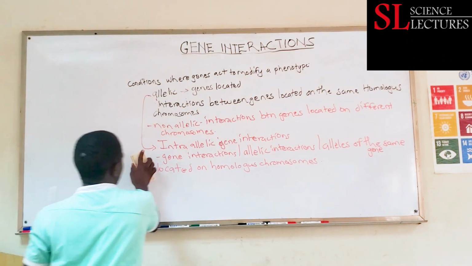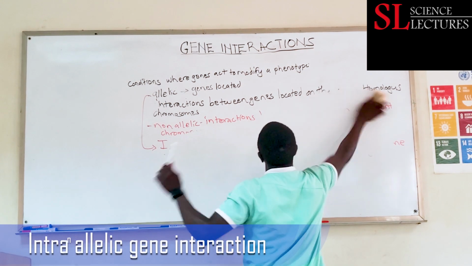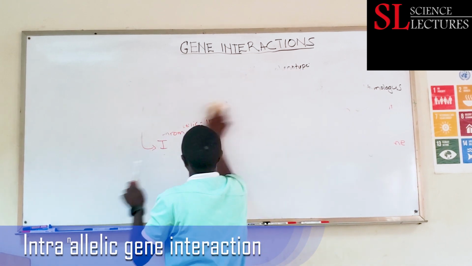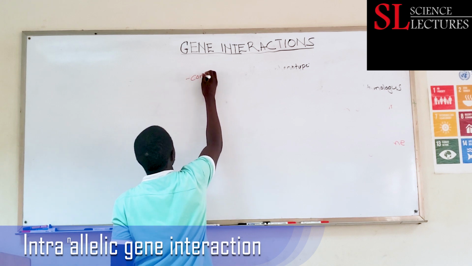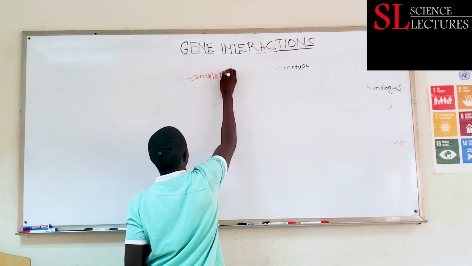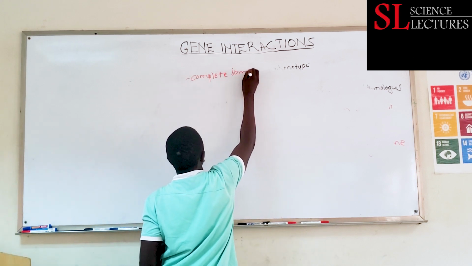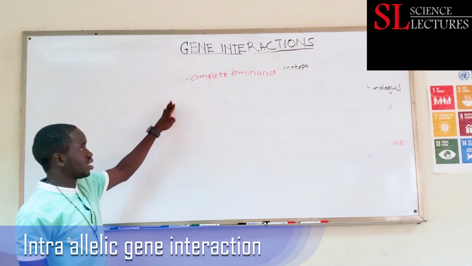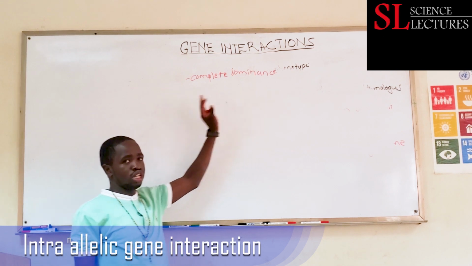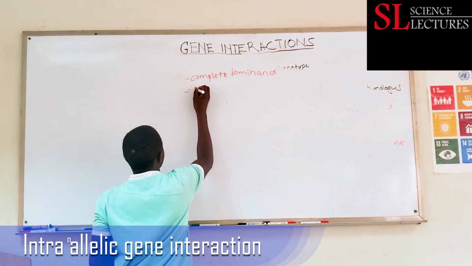I want us to look at some examples of intra-allelic gene interactions. The first one, which we looked at, is complete dominance, and we said Mendel in all his experiments encountered complete dominance. The second one is codominance.